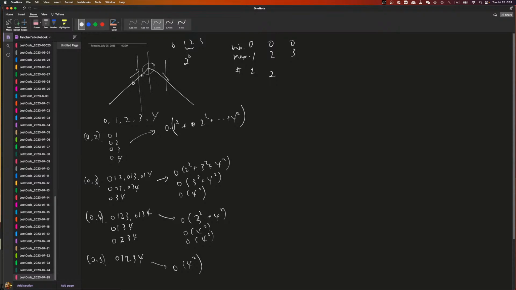2 to the, because we have to choose, right? So we have an empty.